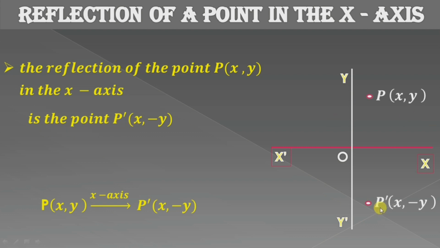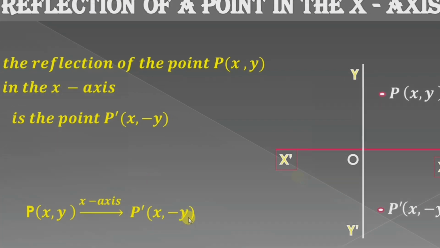So P prime is the image of P whose coordinates are x, minus y. So when any point P is reflected on the x-axis, the value of x remains the same and the value of y, positive y, becomes negative y.